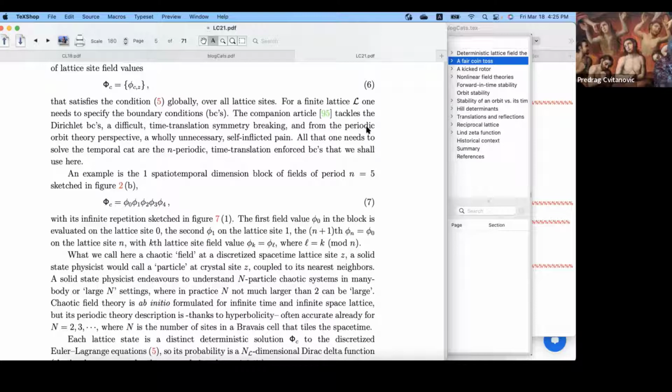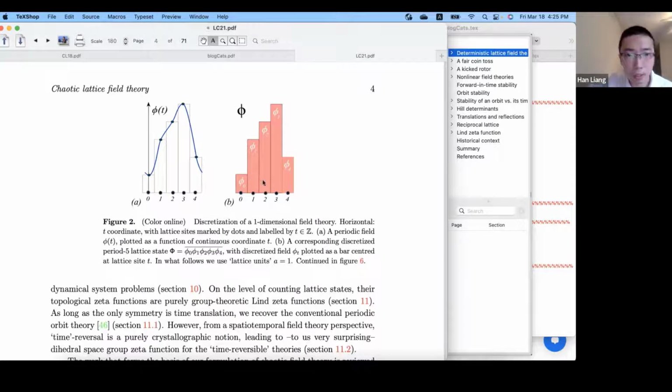Yeah, phi is like a vector, and these guys are like components. So basically, we have a scalar value on each one of the lattice sites, which is a lowercase phi. Uppercase phi, for this figure, is a 5-dimensional vector. Generally, it could be an infinite dimensional vector because there are an infinite number of lattice sites on this integer lattice.